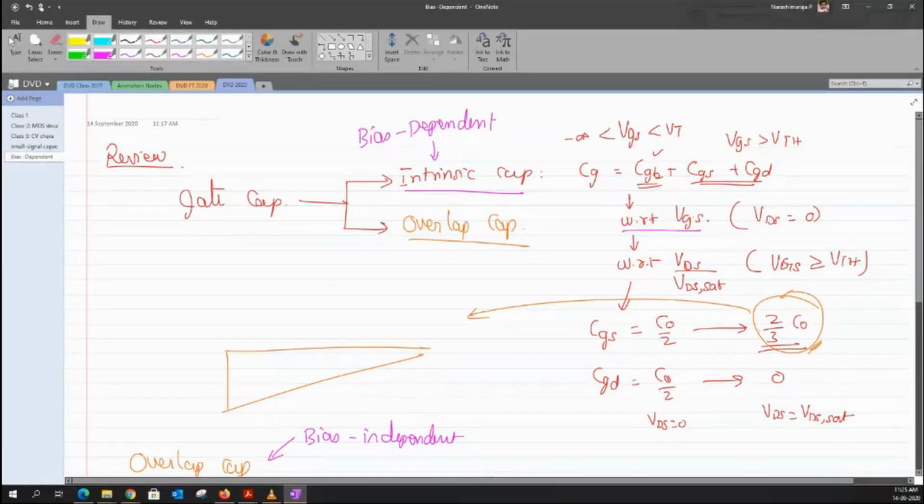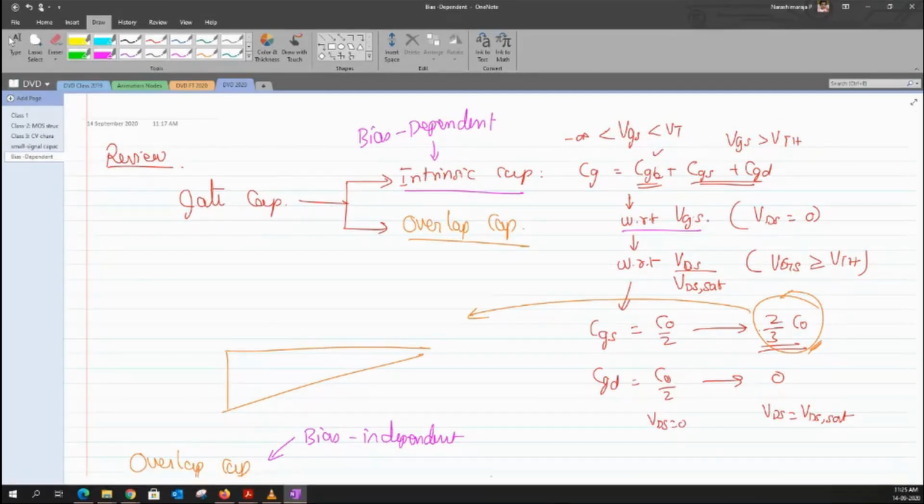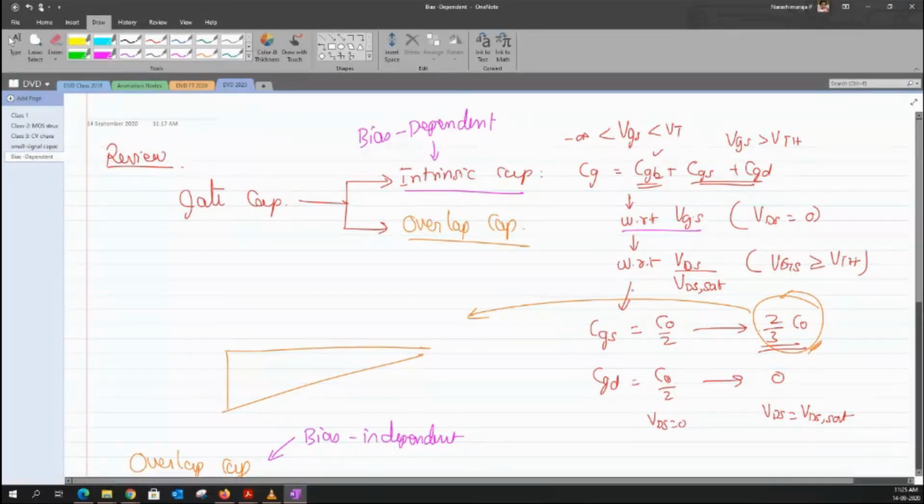What happens to these capacitances of CG? We could see that there is a kind of U-shaped curve. And even with respect to VDS, when we try to vary the gate capacitance or the intrinsic capacitance, we found that there are changes happening across the gate capacitance. So that's the reason why we call this bias dependent, whereas the overlap capacitance is bias independent.